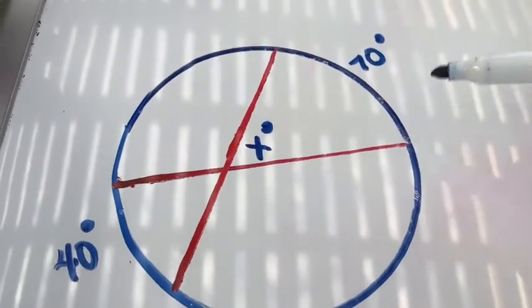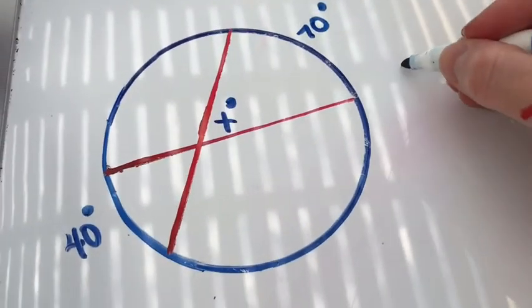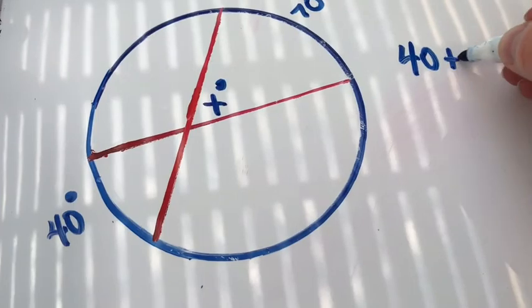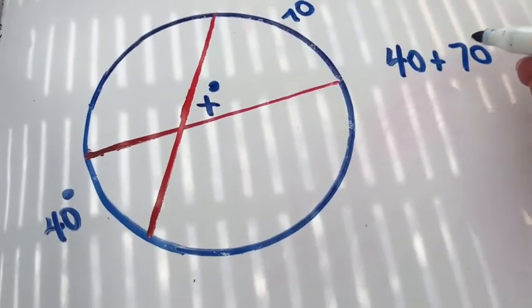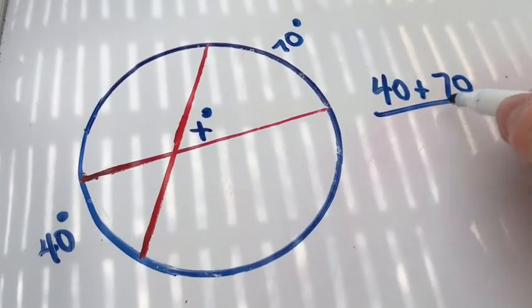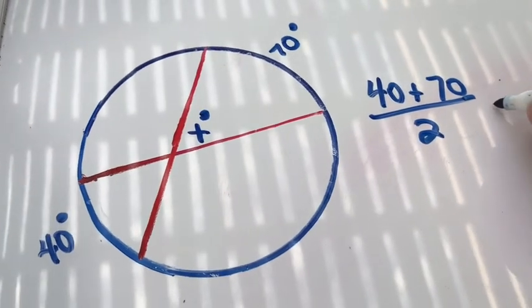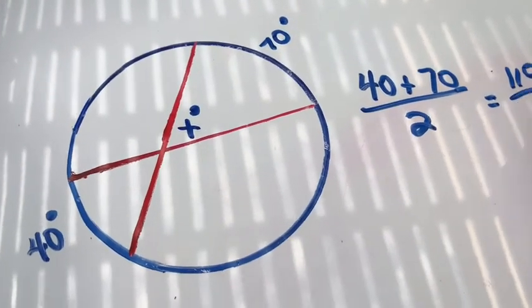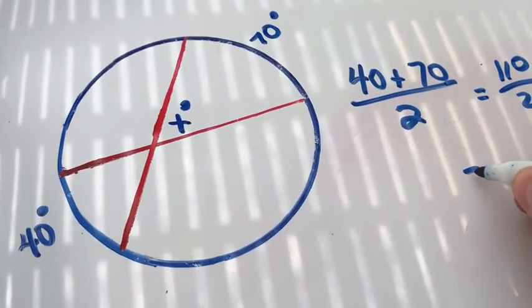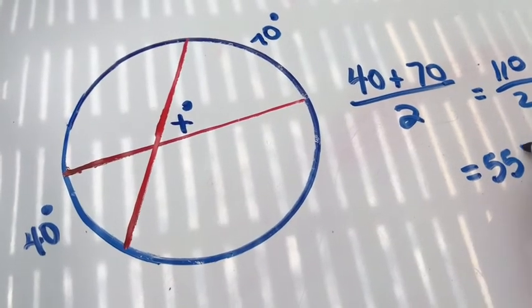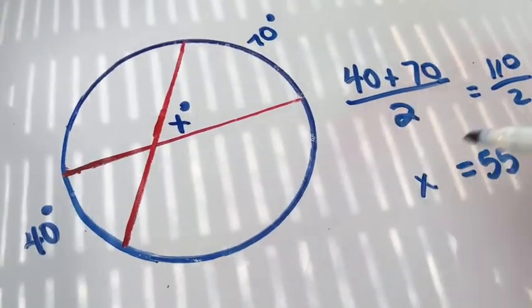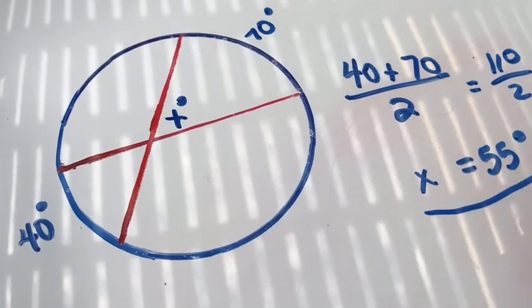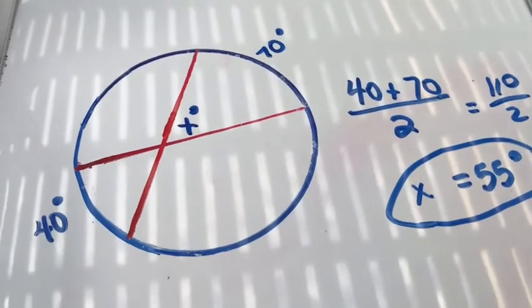So I'm going to take 40 plus 70 and divide it by 2, because that's the average. 40 plus 70 is 110, divided by 2, so we get 55 degrees. Our x is 55, or the measure of that angle is 55 degrees.